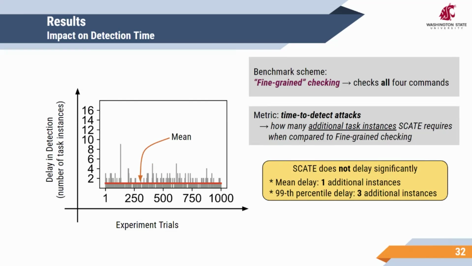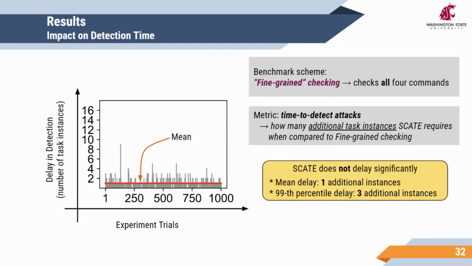Now, because we are doing selective checking, it may be the case that we detect the compromised command after a certain instance later, because we are not checking all the commands. So we are now measuring what is that additional delay that comes due to not checking all the commands. And what we found is that because of the selective checking, there is some delay.